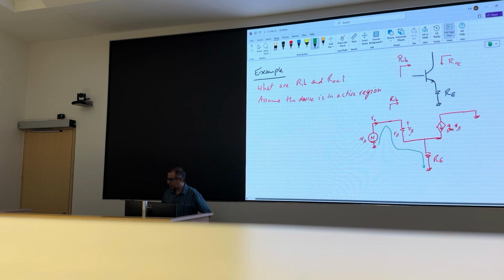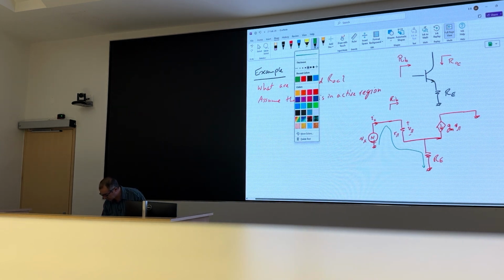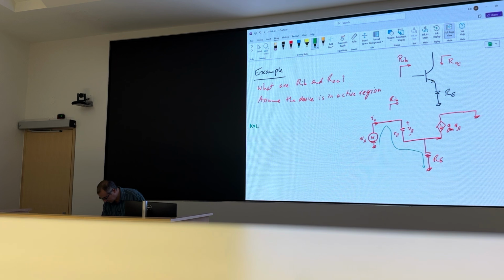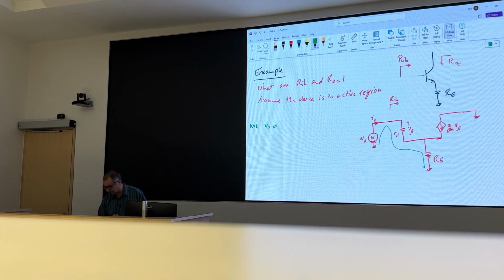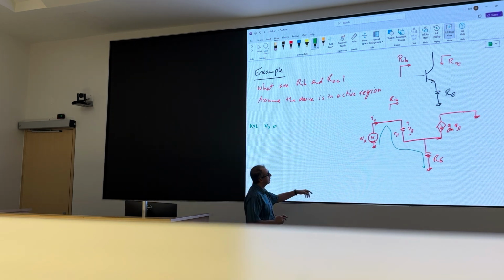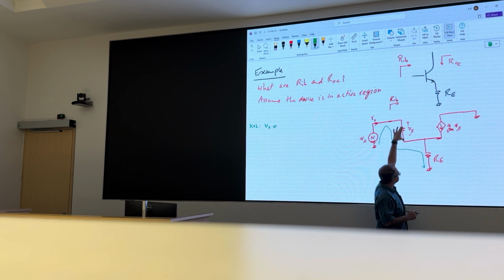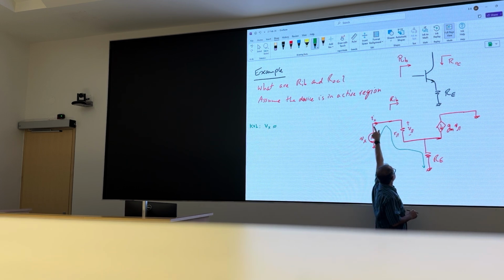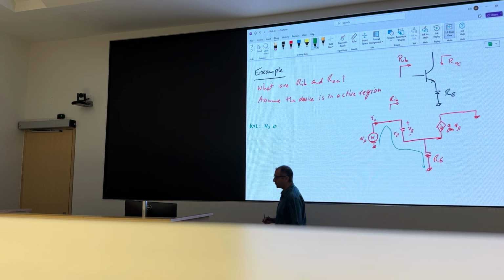So that KVL says Vx is equal to, well, this voltage is V pi, or I can say the current Ix going through R pi, so Ix R pi.